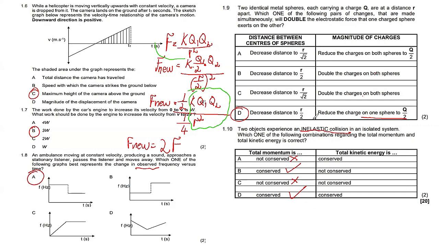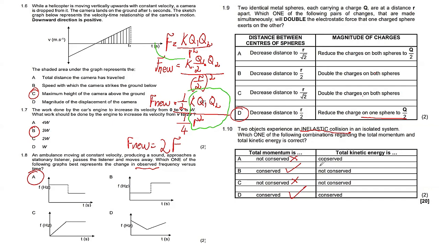Now, this is where we draw the line between the elastic collision and inelastic collision. If it's inelastic, we say the total kinetic energy will not be conserved, because remember, with an inelastic collision, that means some of the kinetic energy is lost or transferred from one form to another. And then again, when we are talking about the one that is elastic, we say that energy is not lost, so energy will not be converted, so it just remains like that.